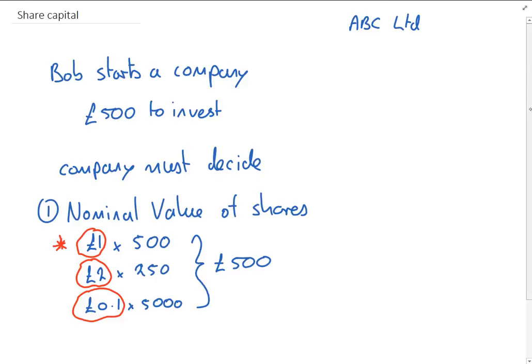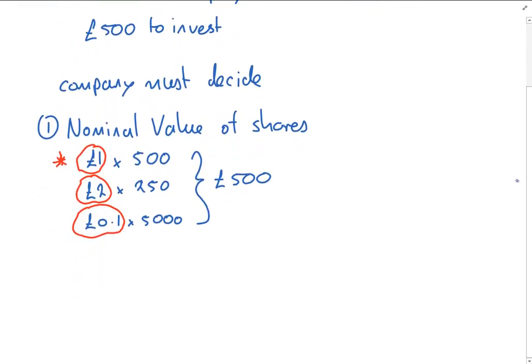Okay, what else must a company decide? Well, I'm not going to write this down, but you will see it in your notes. Before 2006, before the Companies Act was updated, companies decide their authorised share capital, and that was the maximum number of shares that the company could issue. That's actually gone now. It's not in the Companies Act. I sometimes wonder why this is still in the notes, because it's such a legacy clause and term.